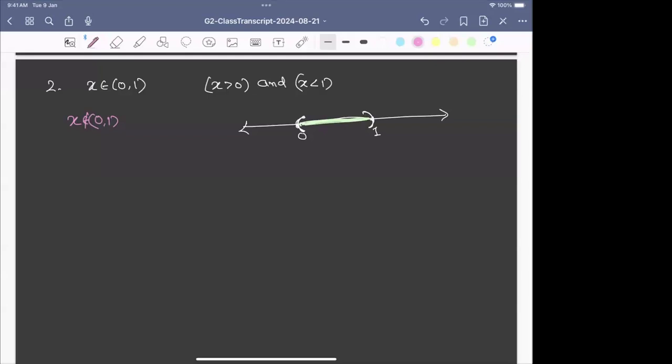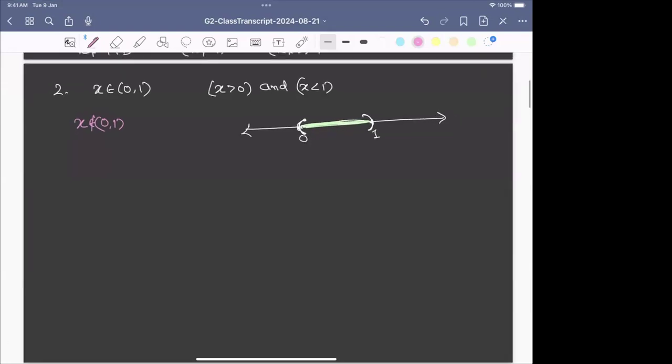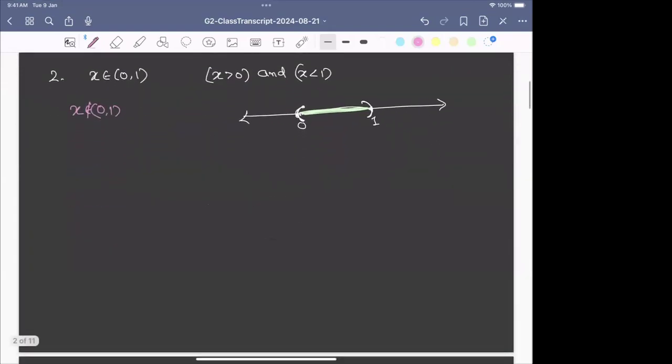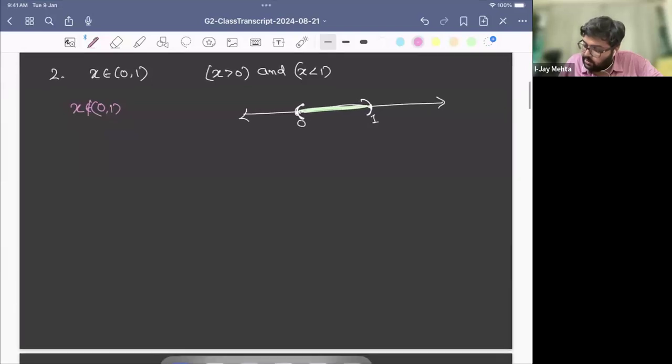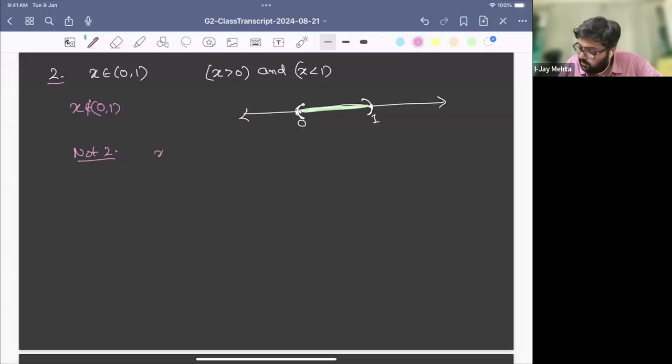Yes, so it will not belong to the interval (0, 1) if x is less than or equal to 0 or greater than or equal to 1. Very good. So this is statement number 2, so not 2 will be if x is not there. That means this condition is not true.